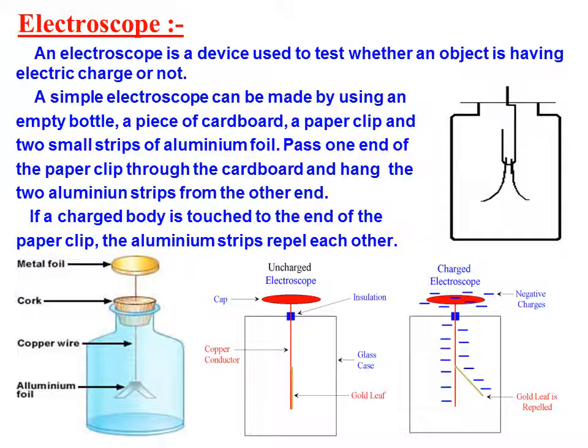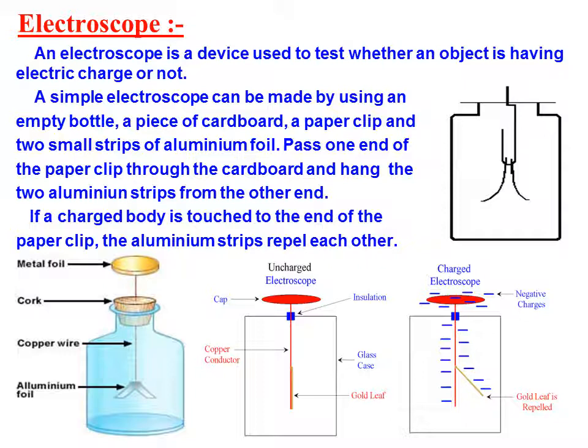How can we know whether an object like wool, plastic, or glass has an electric charge or not? We can't see the charges in them, positive or negative, not even by touching.